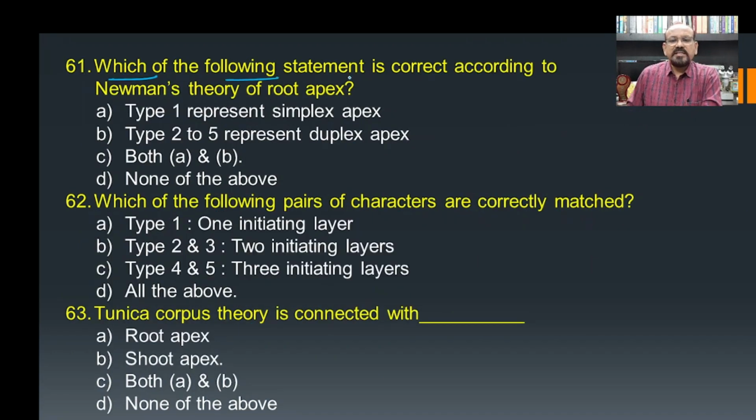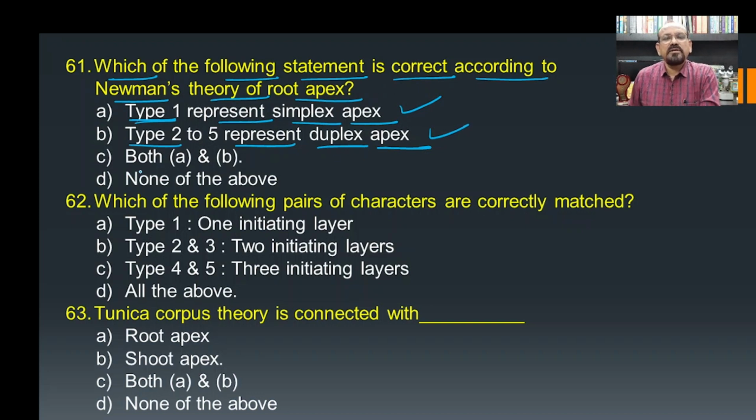Then which of the following statements is correct according to Newman's theory of root apex? Type 1 represents the simplex apex, and types 2 to 5 represent the duplex apex, and both these are correct with respect to Newman's theory of the root apex, and hence C will be the correct answer for this question. Then which of the following pairs of characters are correctly matched?